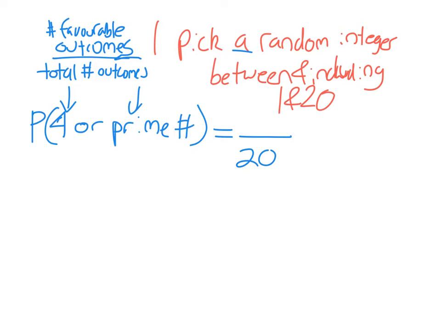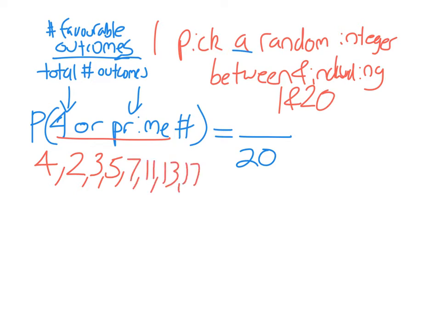How many ways can this occur? Well, I can pick a 4. If I pick a 4, then this will be true. I could pick 2. Remember, 1 is not a prime number. 3 is a prime number, so is 5, 7, 11, 13, 17, and 19. If I add all of these up, there are 9 possibilities. So the probability I pick a 4 or a prime number is 9 out of 20.